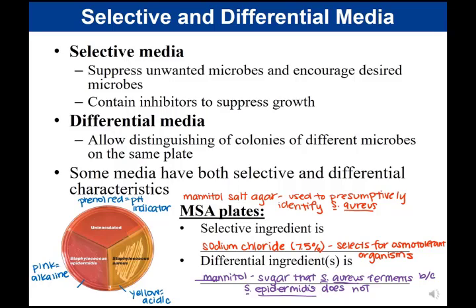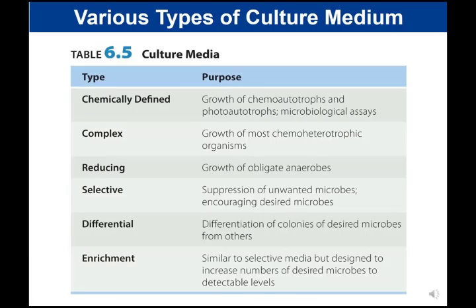And so in lab, you're going to learn a lot about different types of selective and differential media. So this slide is just summarizing the different types of media. Again, chemically defined media is used for the growth of fastidious organisms, so most chemoautotrophs or photoautotrophs.